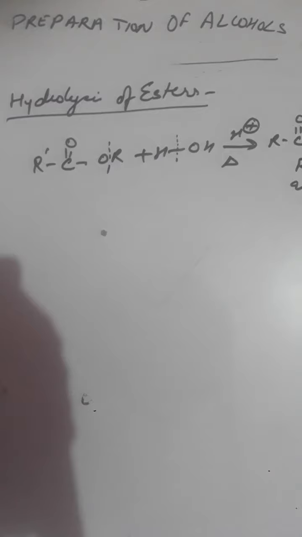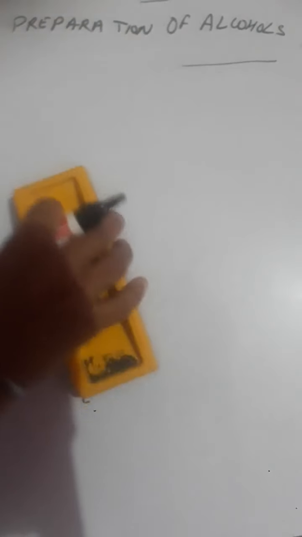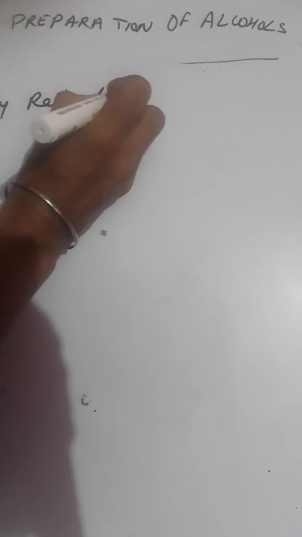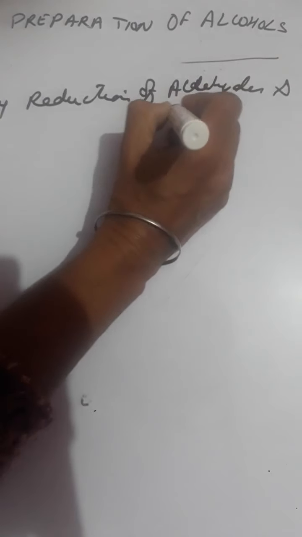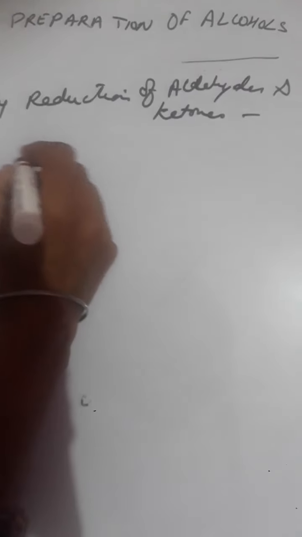Similarly, alcohols can be prepared by reduction of aldehydes and ketones. When aldehydes are reduced, we get primary alcohols.